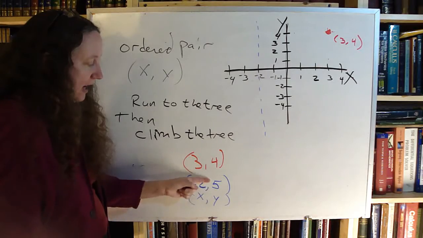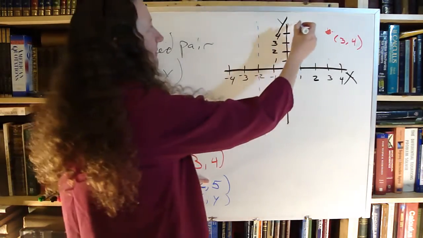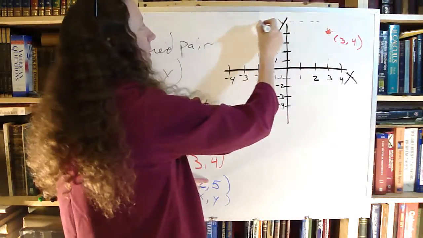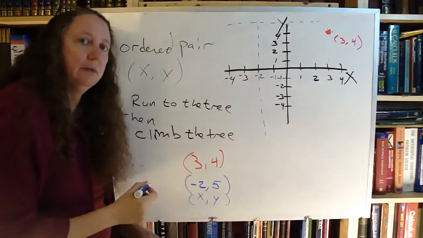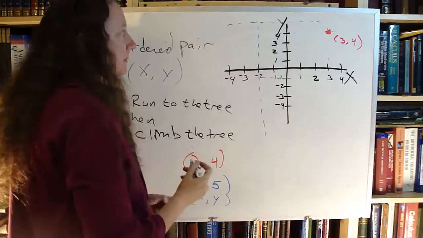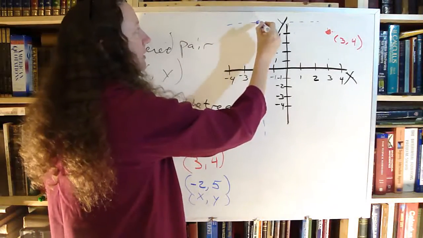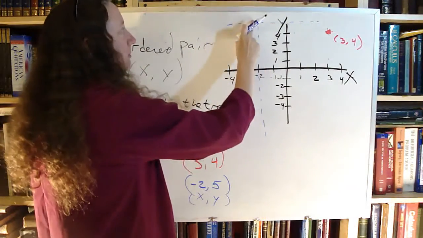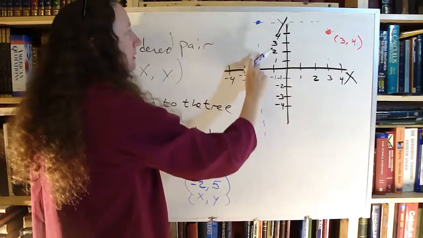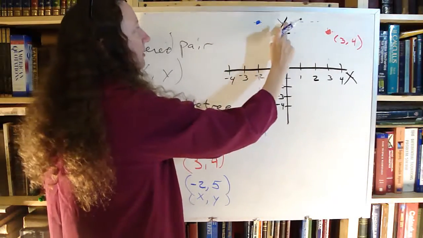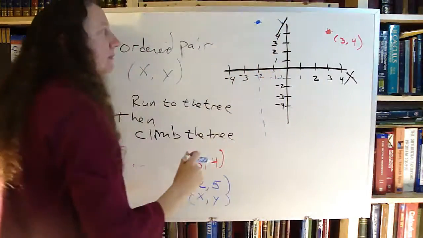Y is equal to 5. So I find my 5 up here. And I know my dot is going to be somewhere along that dotted line. Where my dotted line for my x and my dotted line for the y equal, that's my point that I want to graph. Get rid of my extra marks because they're very distracting.